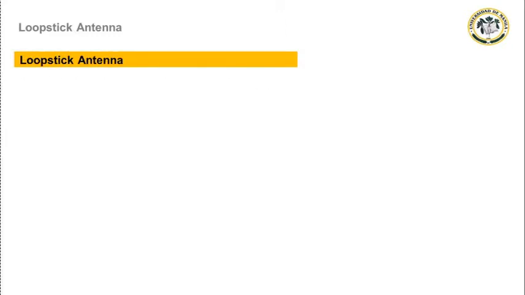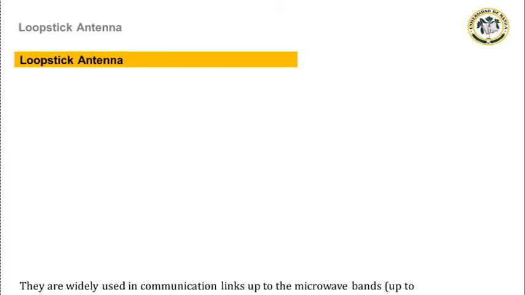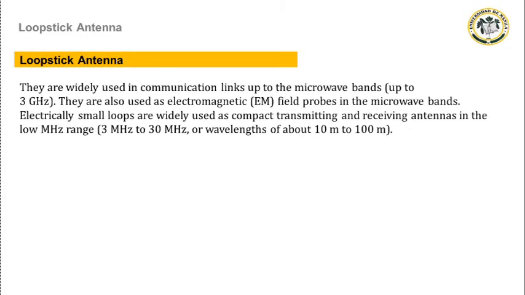Loop antenna. Loop antennas feature simplicity, low cost, and versatility. They may have various shapes: circular, triangular, or square. They are widely used in communication links up to the microwave bands, 3 GHz. They are also used as electromagnetic field probes in the microwave bands.